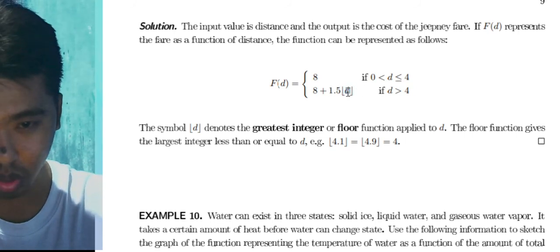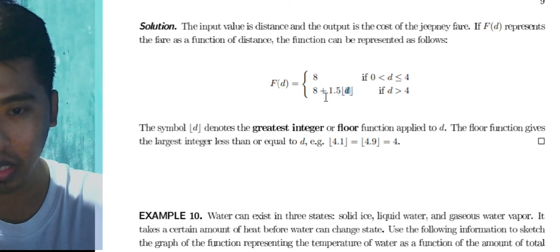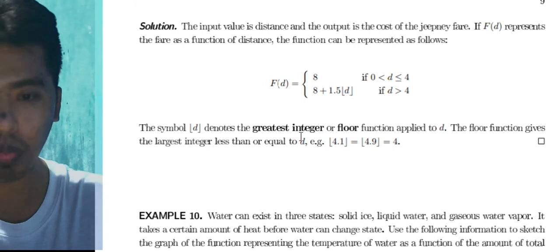For example, if your d is 5, as I mentioned, then the excess is 1, so 1.5 times 1 is 1.5, then you add 8, and that would be 9.5.